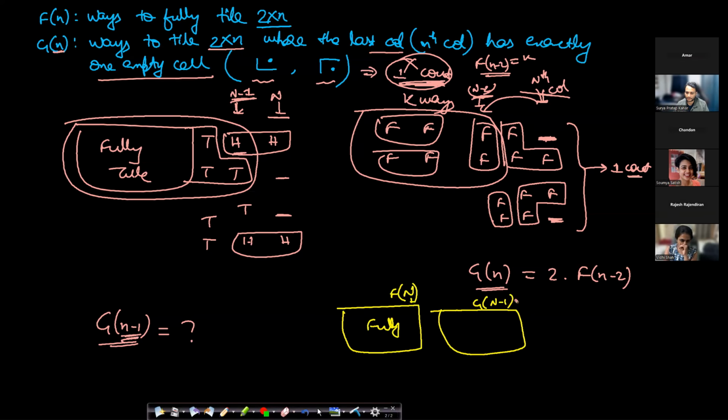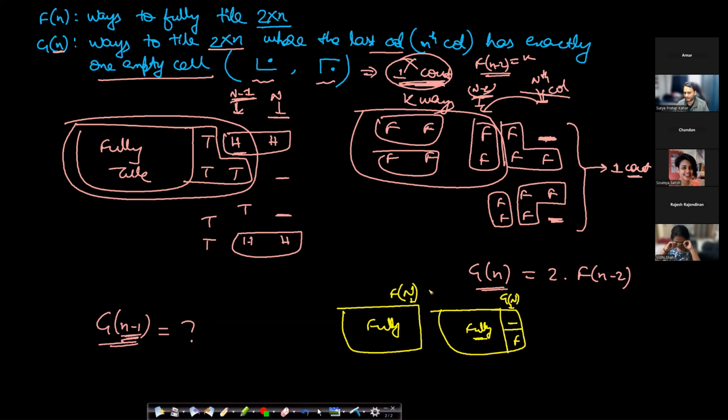If I give you the definition of g of n, then when I'm tiling g of n, everything up to n-1 should be fully tiled, and only in the last column you should have one empty and one full. Either the top one is empty or the bottom one is empty. You should have one empty and one full.